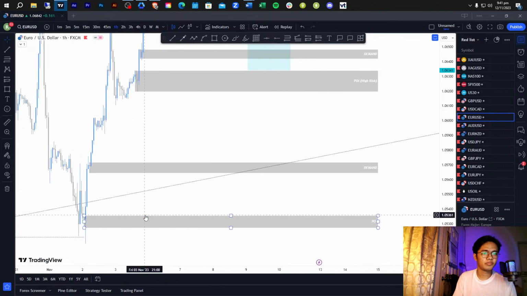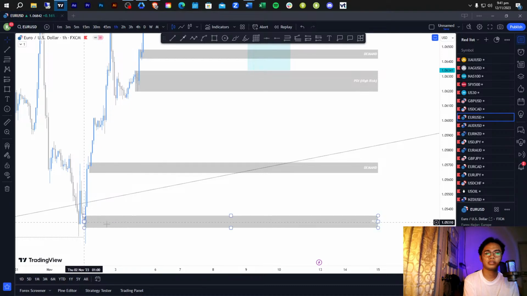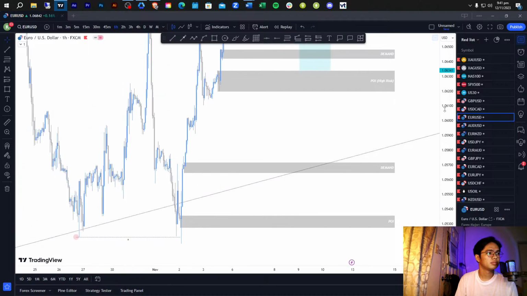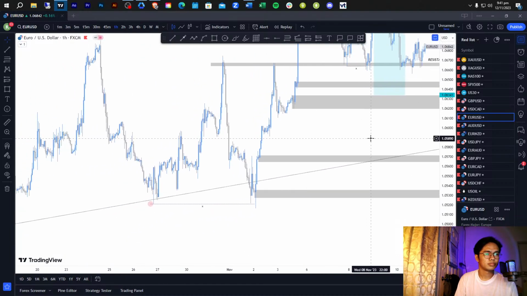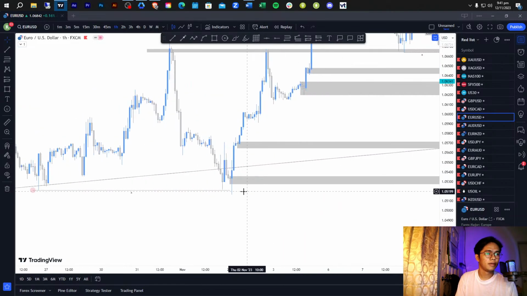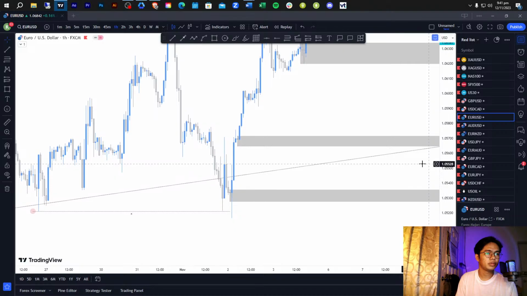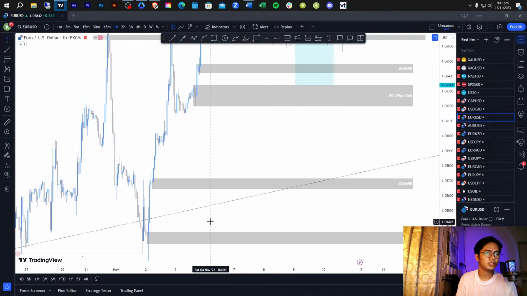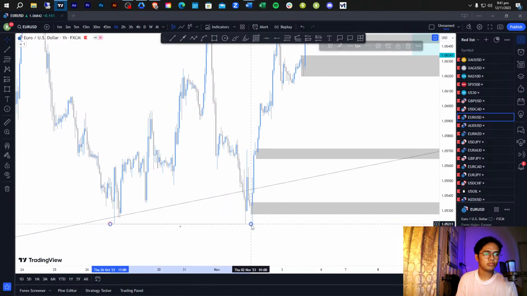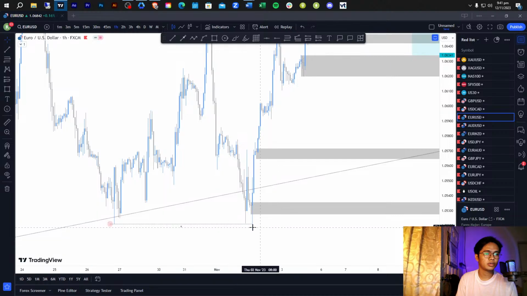This is also valid. This is a good entry if you want to hold, like swing trade, this level, because for me this is also a strong confirmation, and price may really come back in this area because there's a stop hunt right here.